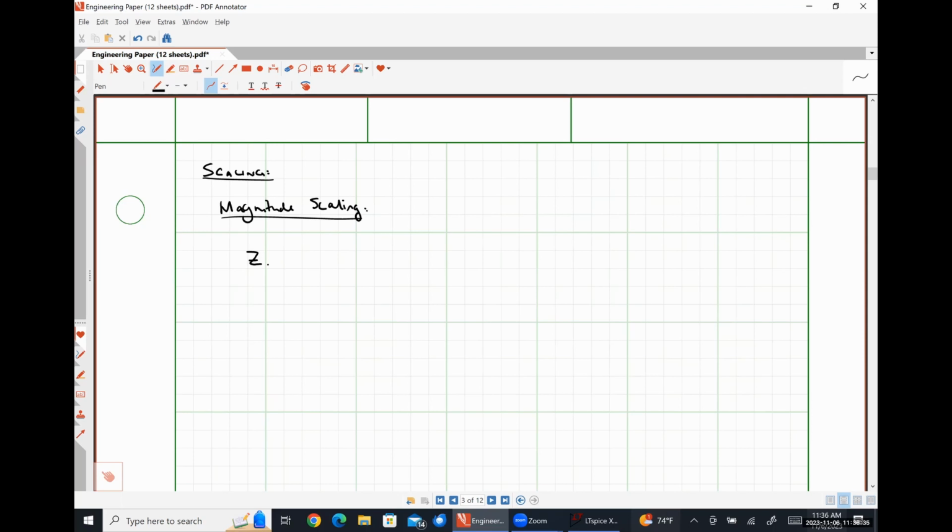So we know that the impedance of a resistor is the resistor value itself. The impedance of an inductor is just j omega L. And conversely, the impedance of a capacitor is 1 over j omega C. If I wanted to transform these impedances, I would simply multiply them by a scaling factor, okay? So we're going to call ZR prime our scaled resistance.